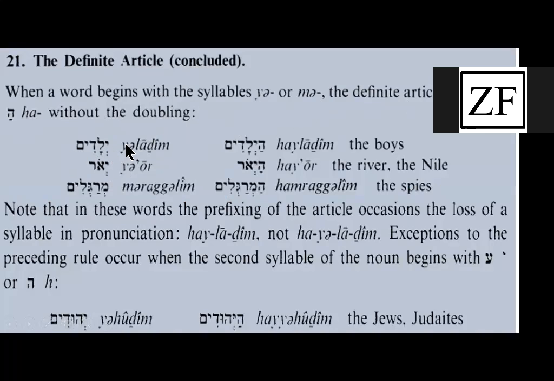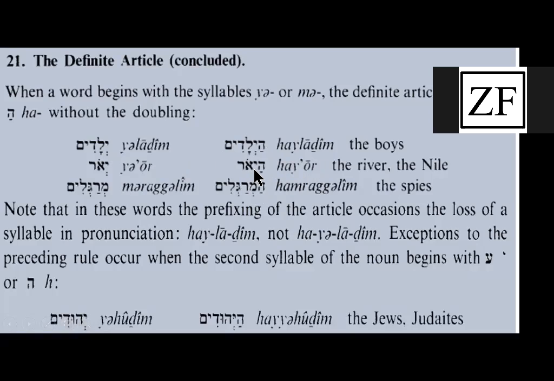If you do ha in front of it, instead of ha yeladim, it's just hi ladim. Like they took the letter of the ah out there. Yaor turns into hi yaor. No, I'm sorry, it's not hi yaor, it's just hi or.